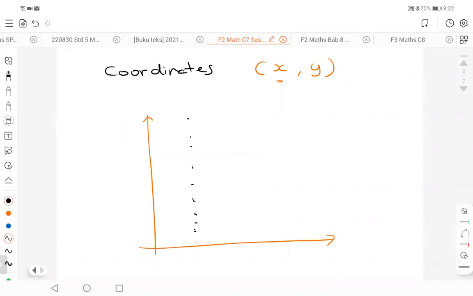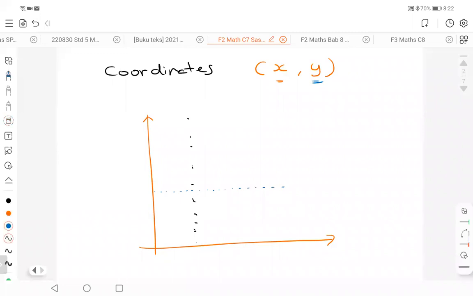Just imagine the same block means the same value of x coordinate. And if you have horizontal dots or points like this, then you will have the same y coordinate, just like the same level, same floor, same height.